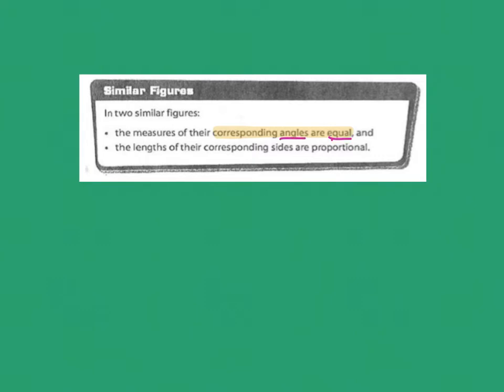Angles are equal. And the sides, corresponding sides, they're not always the same length. They're just proportional. Sides are proportional. So that's not the same length, but similar.